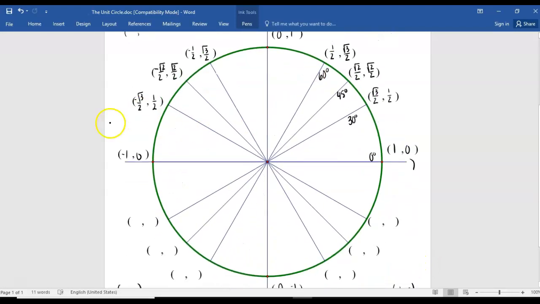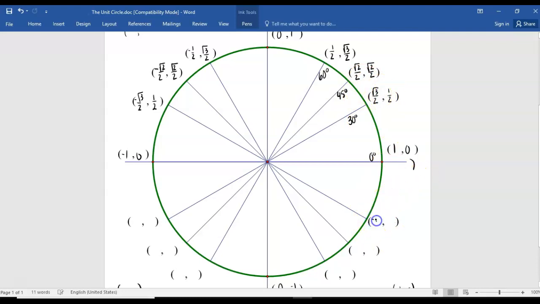So I'm going to go ahead and do the fourth quadrant here. If this is square root of 3 over 2 and 1/2, if I reflect it over that x-axis, if I'm looking at this point at 30 degrees, and I'm going down here to this coordinate, they don't switch places.